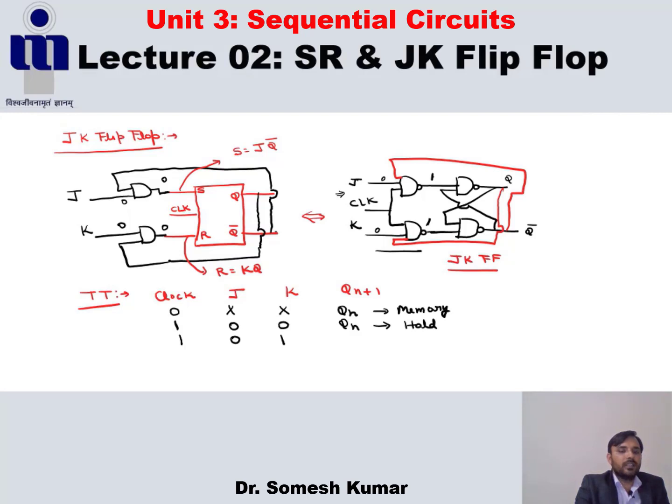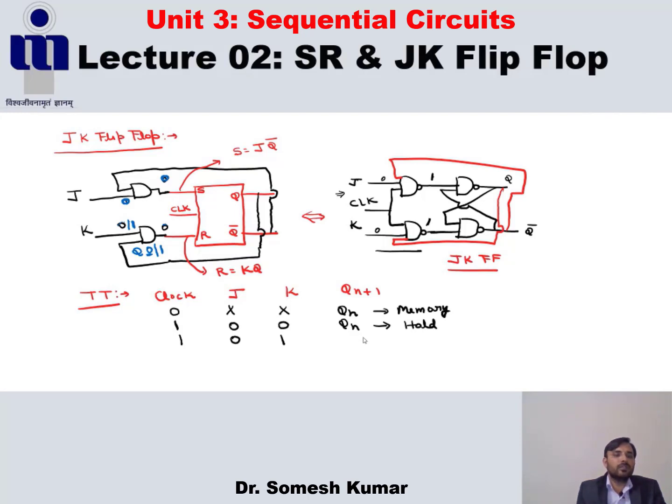The third case is if the clock is 1, J is 0 and K is 1. What happens in this state? If the input J is 0, the output of this AND gate is 0 here, and here it depends on this Q. Initially Q may be 0 or may be 1.